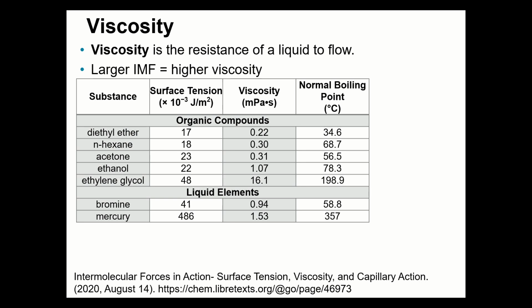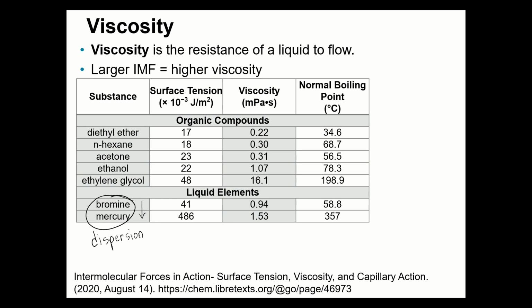So we do have a few examples here. And just to give you a little bit of detail about what's going on, if you look down at the bottom, we've got bromine and mercury. Both of these are considered to be nonpolar, and so both are going to have just dispersion. If they have just dispersion, and we look at the molar masses of these two, you're going to see that mercury has a much higher molar mass than bromine.